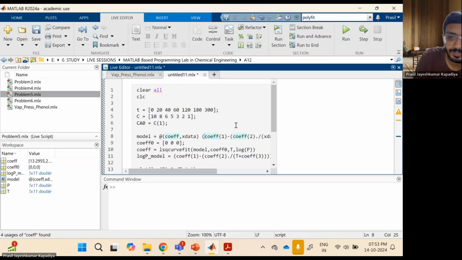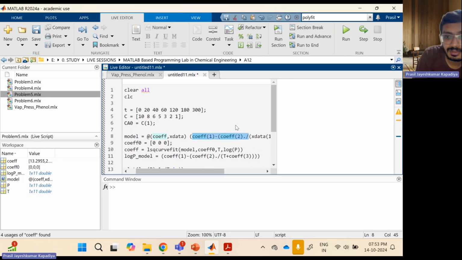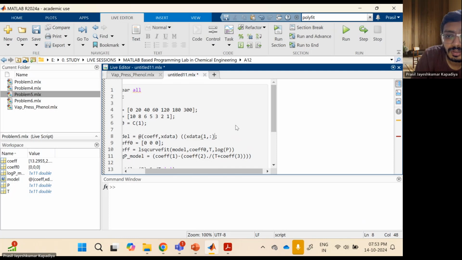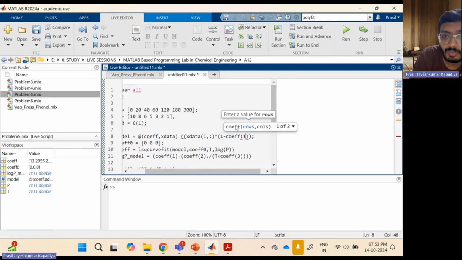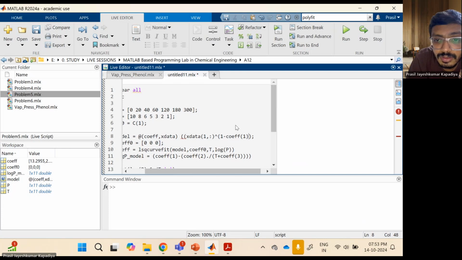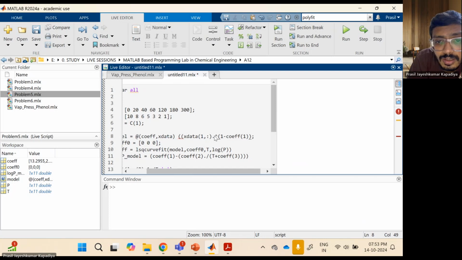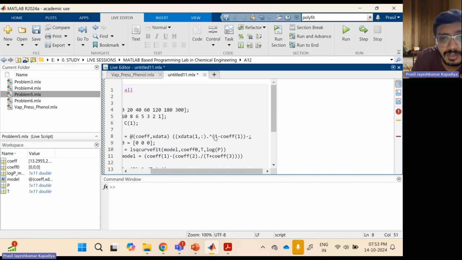So like this, raised to 1 minus coefficient of 1. I will have to put one dot here. Minus, same thing.